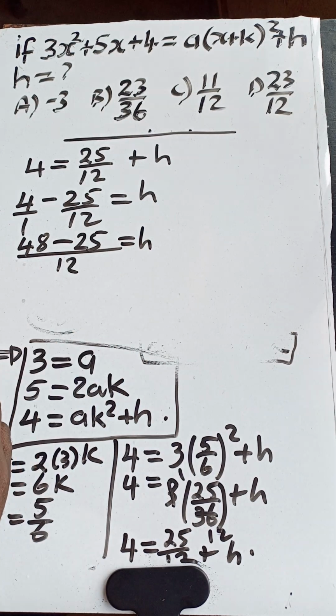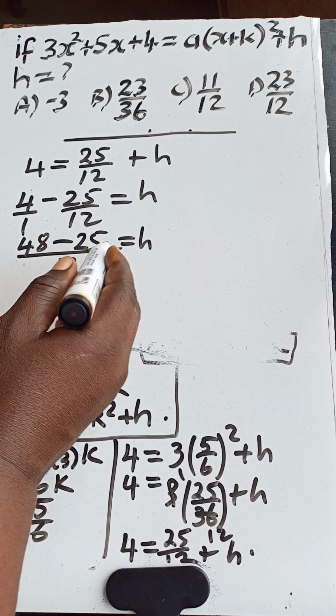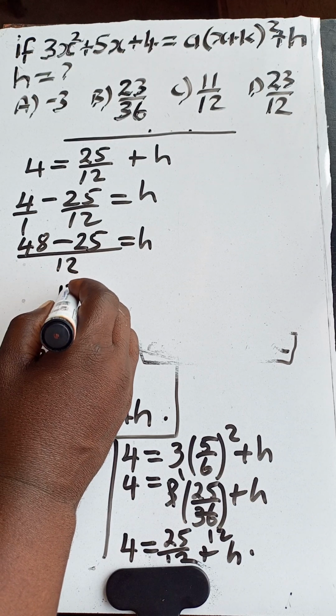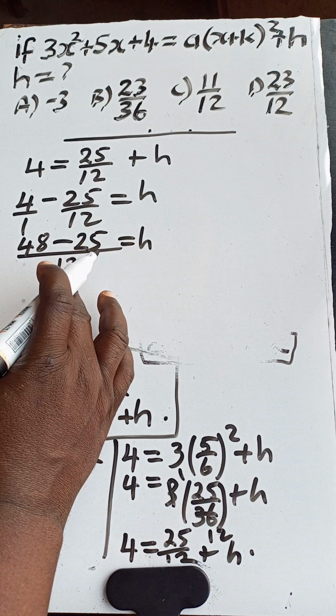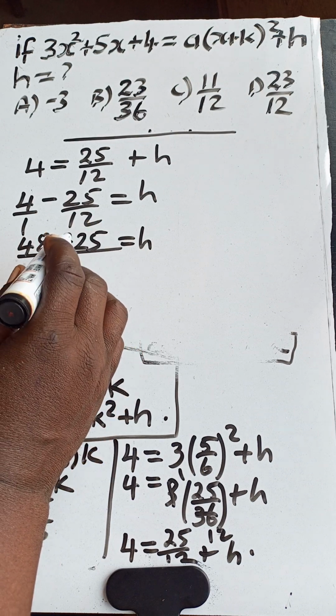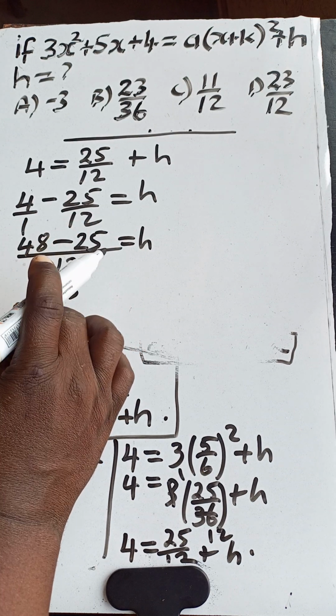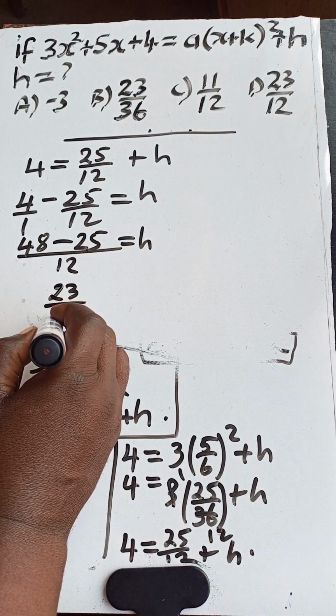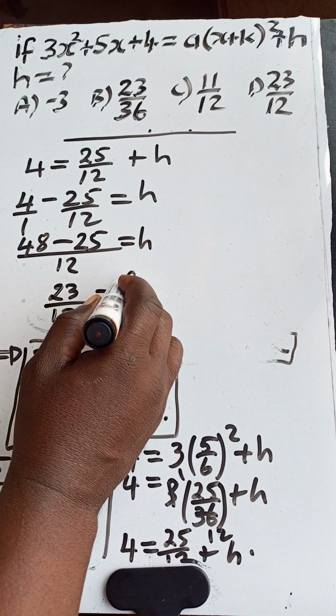That gives us h. So 48 minus 25, that gives us, no, pay attention. 8 minus 5 is 3. And then 4 minus 2 is 2. So 23 over 12 is equal to h.